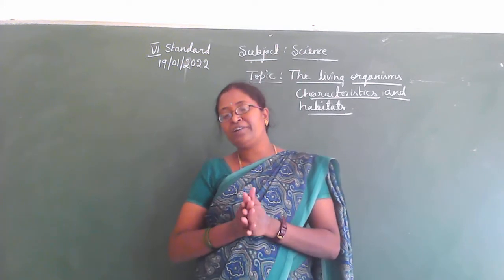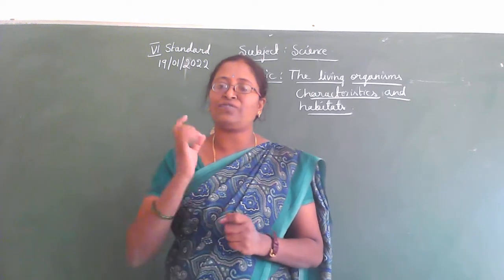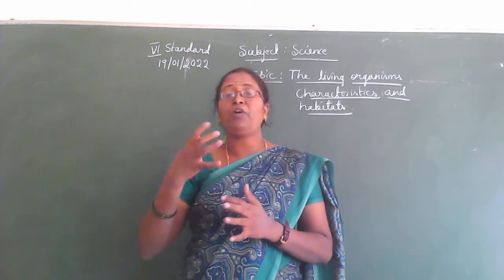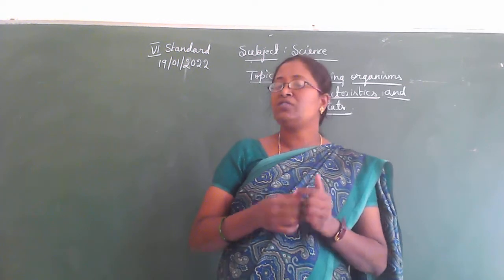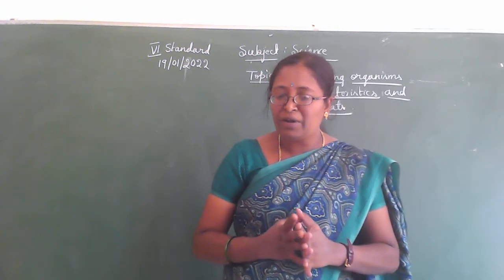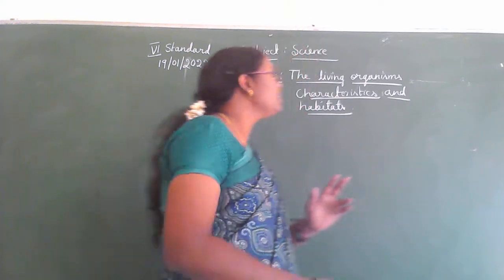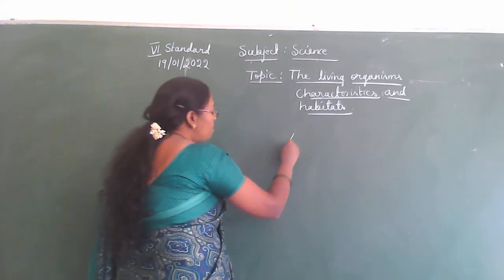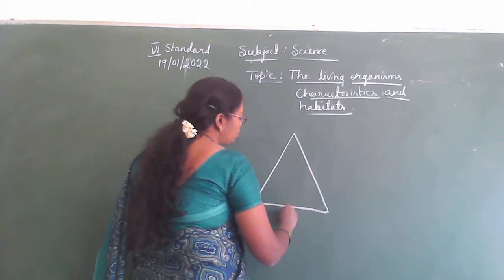So then children, how are these trees adapted to the conditions, the abiotic factors, of the mountain regions? These trees are normally cone shaped, isn't it? The trees growing in the mountain region are cone shaped.